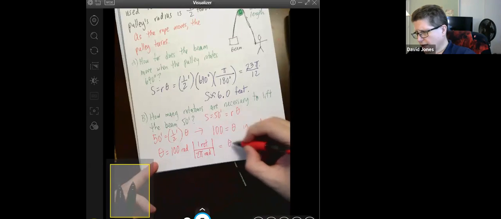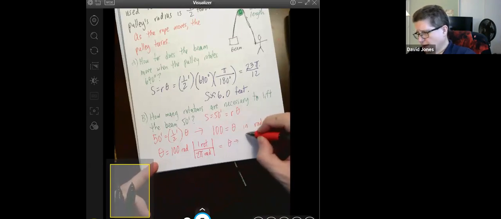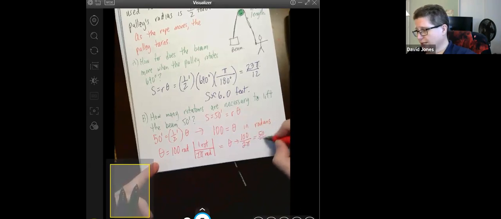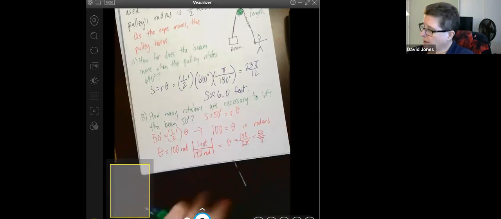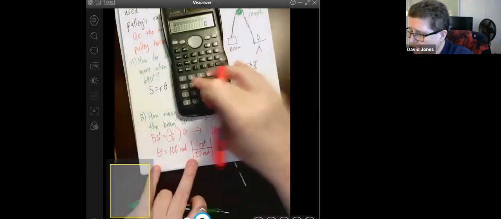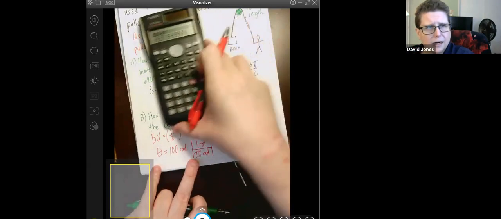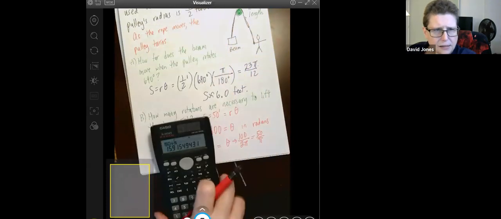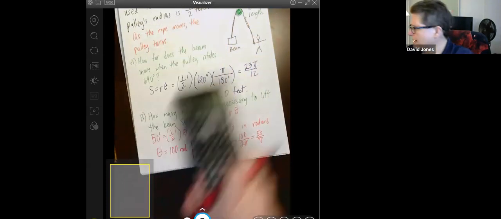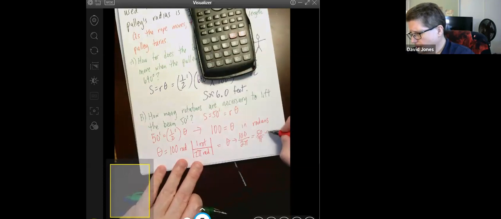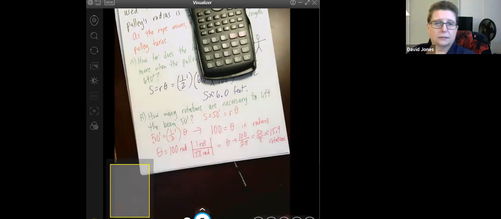So theta leads to 100 over 2 pi rotations, which is 50 over pi rotations. And we throw that in a calculator. About 15.9. You could argue 16 pretty easy.